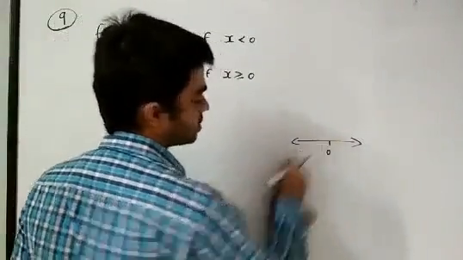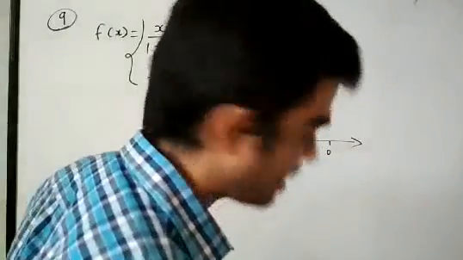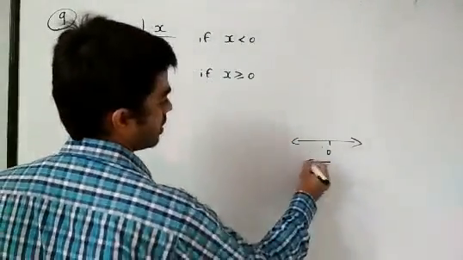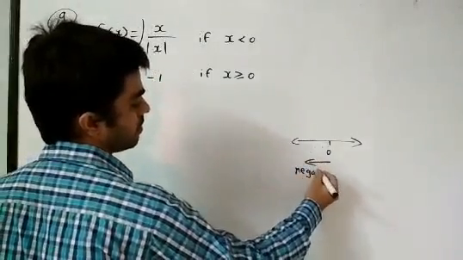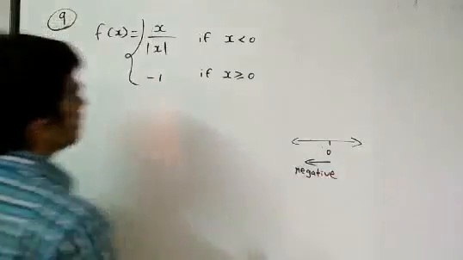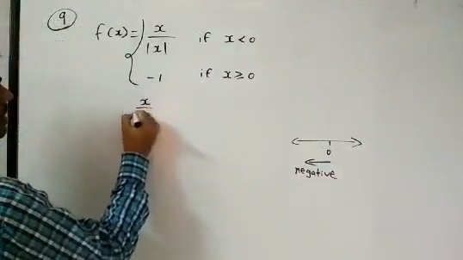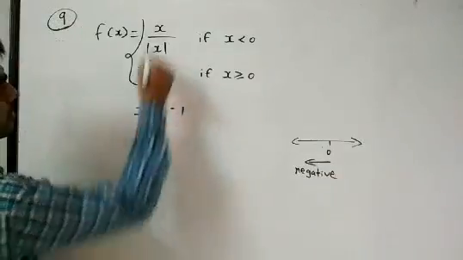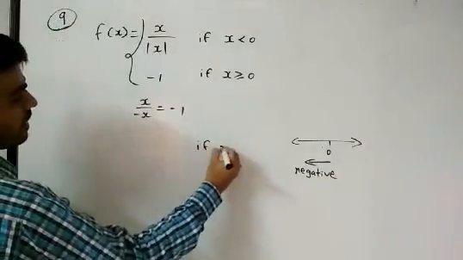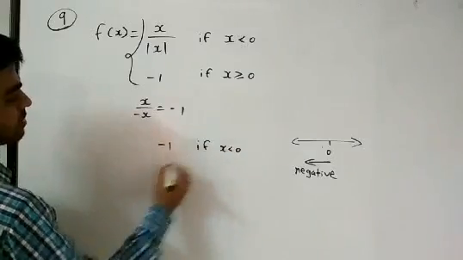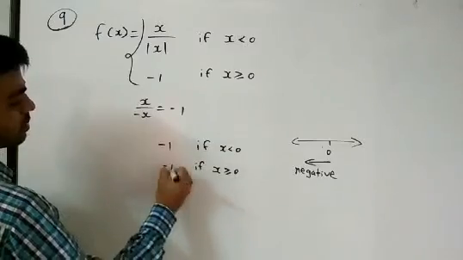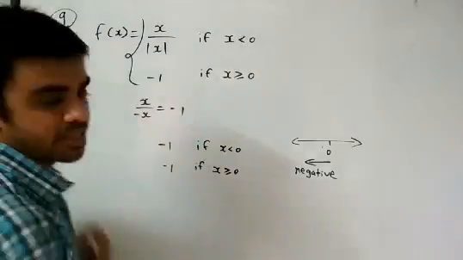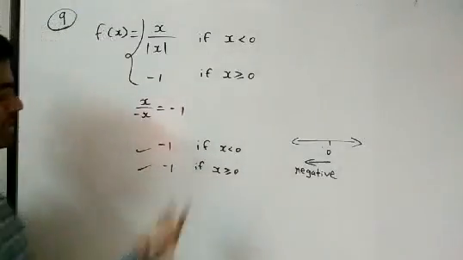It will be always minus only. So always 0 से लेस है जो भी वैल्यू है, that will be minus, negative. Therefore, x by minus x is -1. So, if x is less than 0, then -1. If x is greater than equal to 0, then also -1. तो ये तो देख के पता चल गया, -1, both are same, equal.